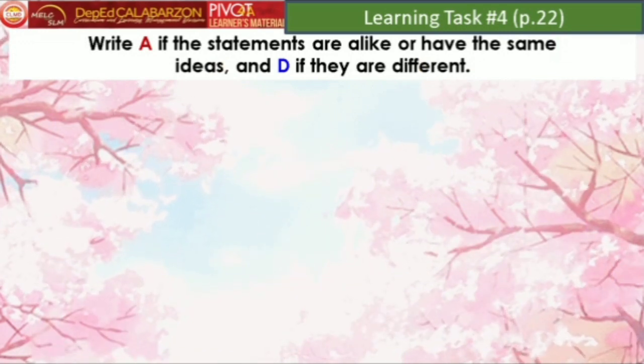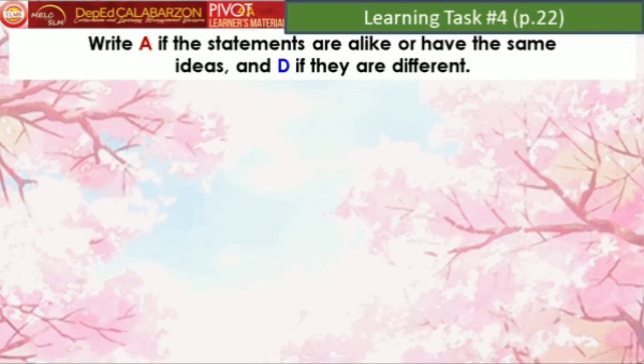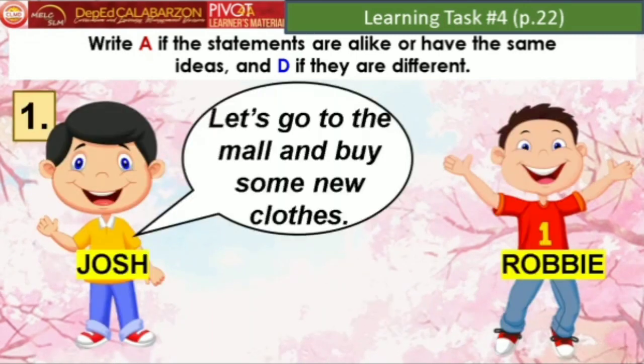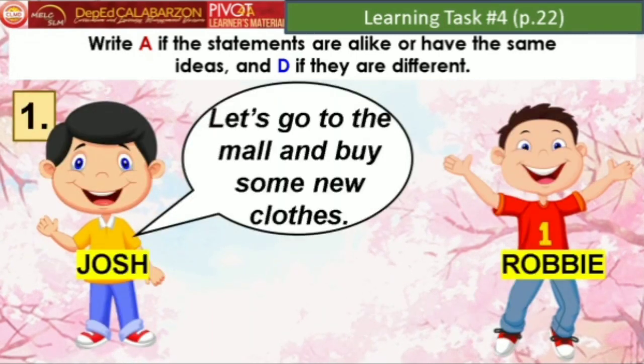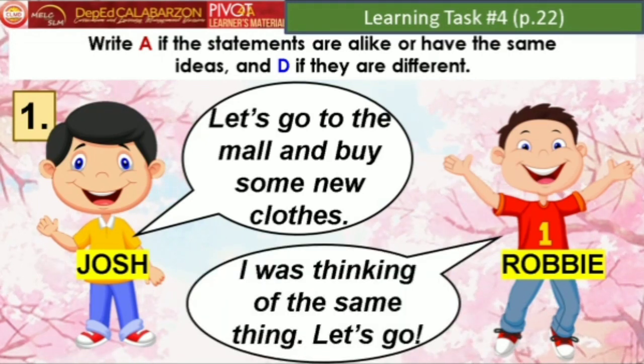Learning task number 4 on page 22. Write A if the statements are alike or have the same ideas, and D if they are different. Number 1. Let's go to the mall and buy some new clothes. I was thinking of the same thing. Let's go.